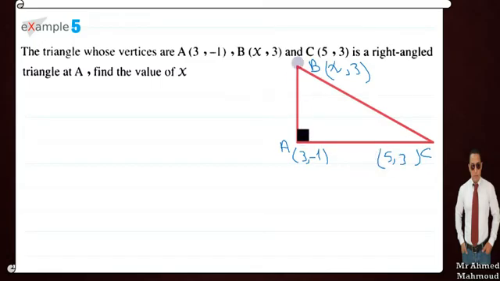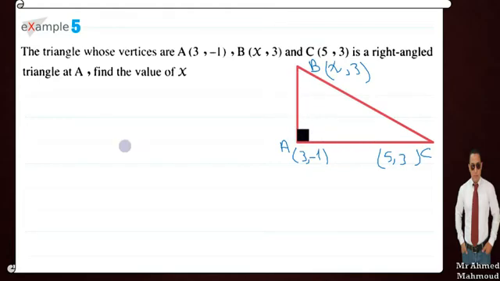When we have a right angle triangle, I can solve this by the distance or by the slope. But when we have a missing letter, it's better to use the slope. So I will find the slope of AB and the slope of AC because they are perpendicular.